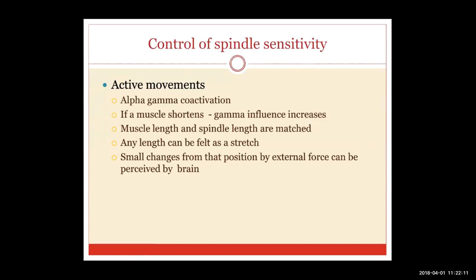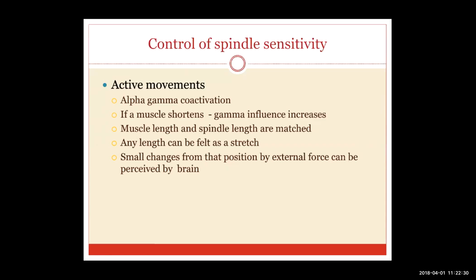Okay, right? Now this is very important for control. And what the brain can perceive is any length change. If you stretch or don't stretch, right? Whenever there is a movement, any length change can be felt as a stretch. So what happens when you're maintaining a muscle length and your muscle is contracting?